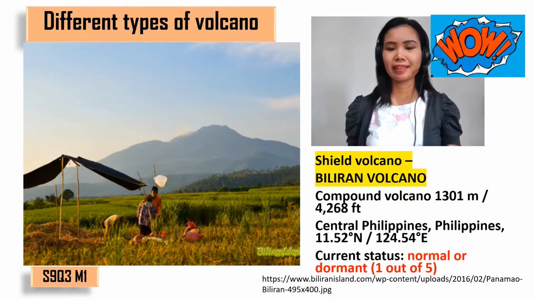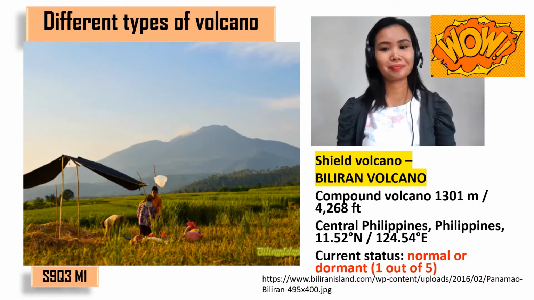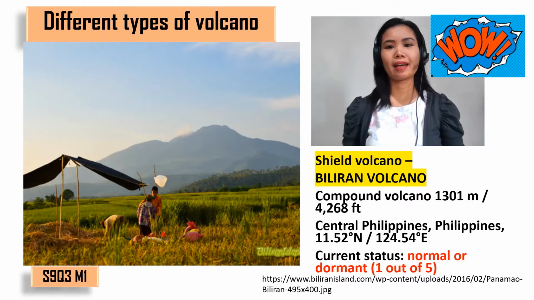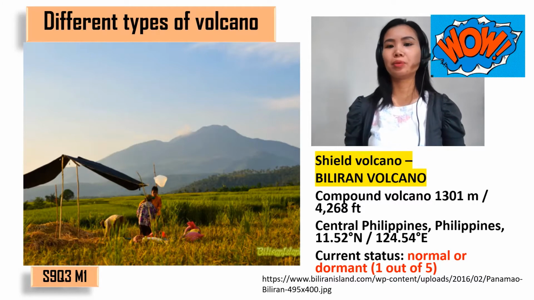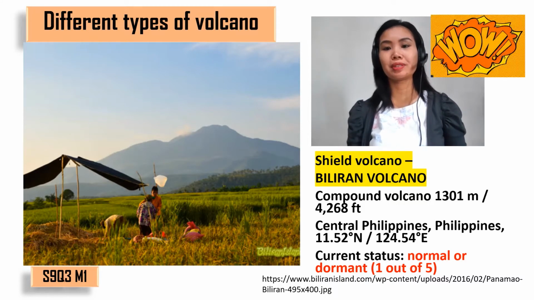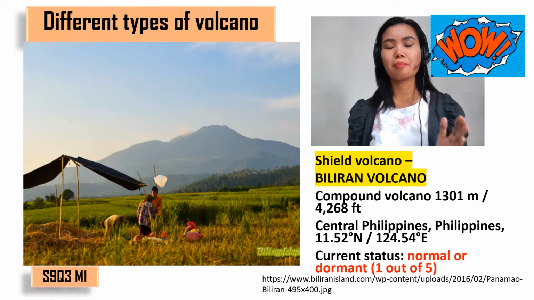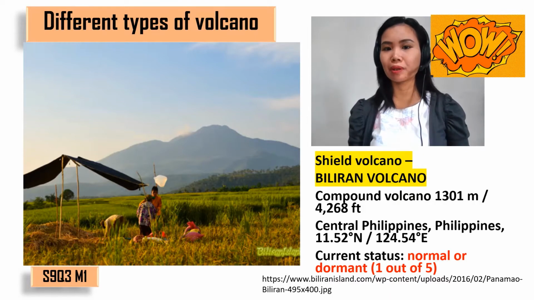So, what is this shield volcano? They can be formed by the accumulation of lava that oozes out from the volcano. Since non-viscous lava can flow freely, a broad, slightly domed structure that resembles a warrior's shield is formed.